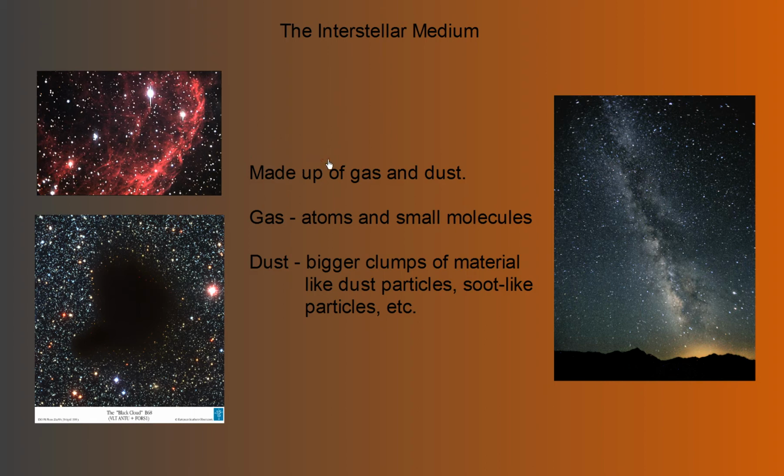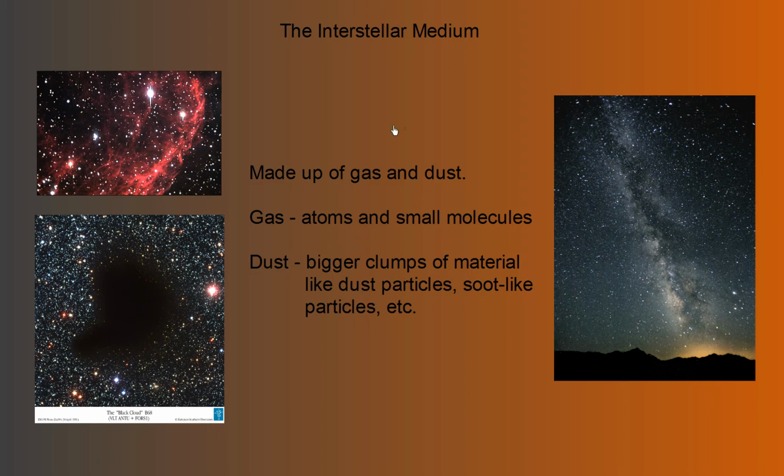So what exists between stars? Well, basically, it's gas and dust. Gas being atoms and small molecules, and most of the gas is the atom hydrogen. And dust are bigger clumps of material, dust-like particles, soot-like particles, things like that.